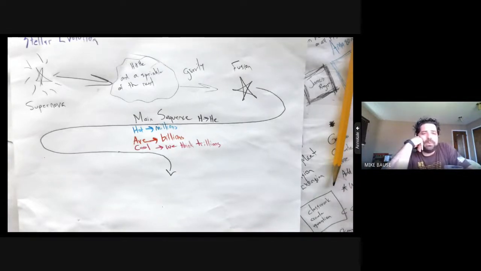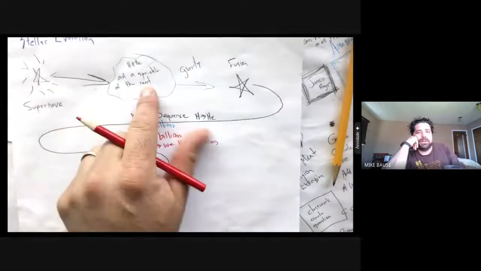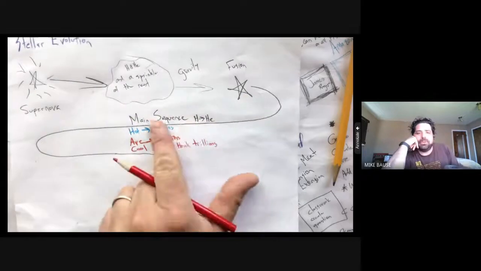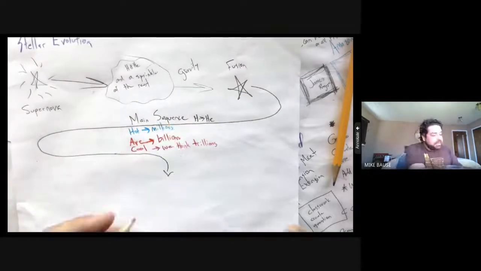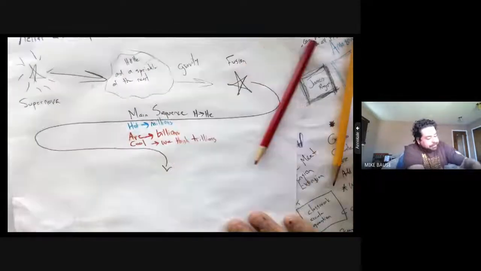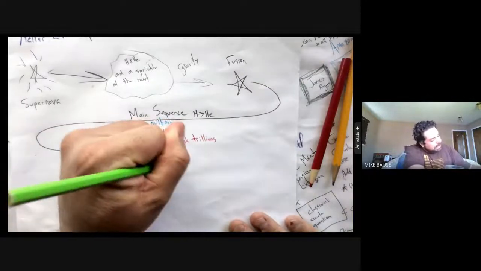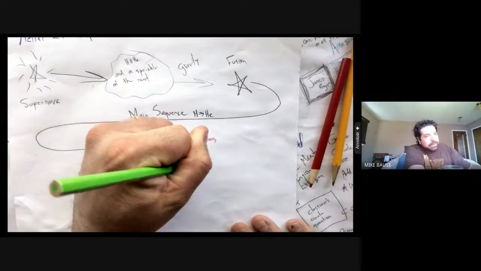So far, what we've talked about, every single star will go through. Stars will form, gravity will pull them together, they'll go through the main sequence, and eventually they'll get to a point right here where hydrogen runs out in the core.